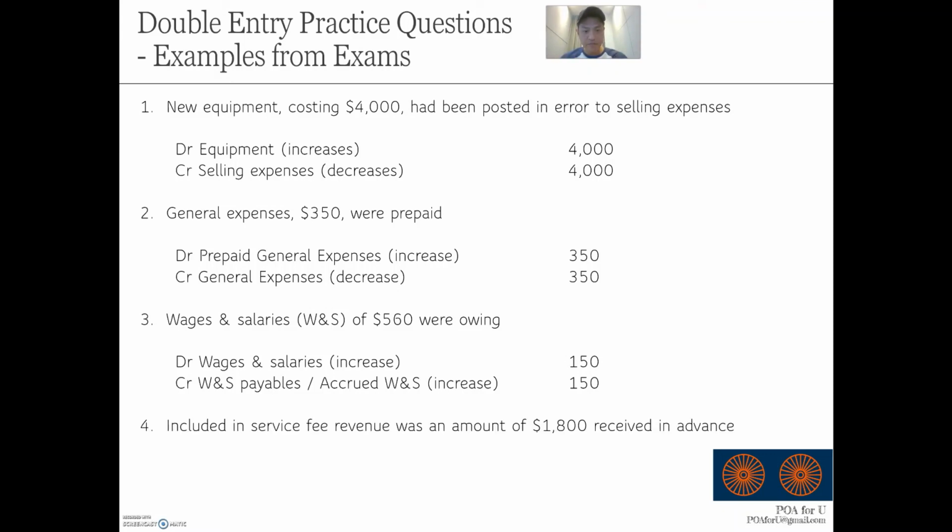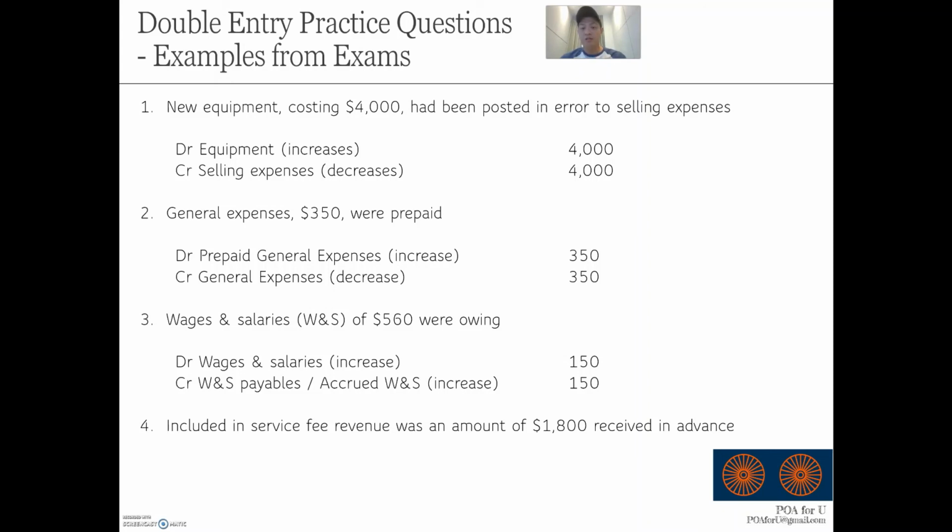Okay. Now, included in service fee revenues was an amount of 1,800 received in advance. Now, service fee revenue, what is that? It's a credit in nature item. It's an income, right? And now, is service fee revenue too much or too little if it's received in advance?